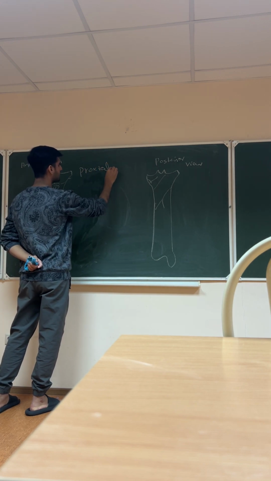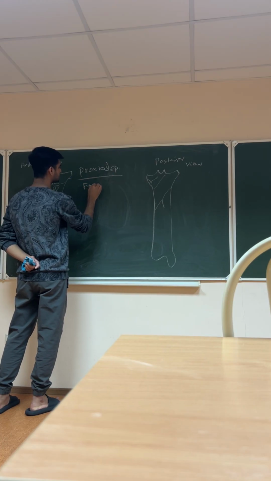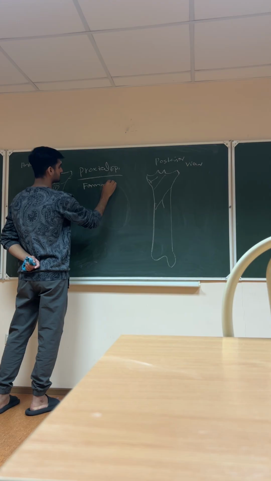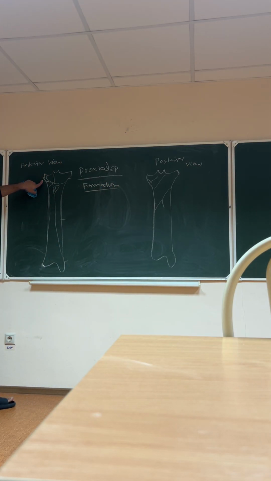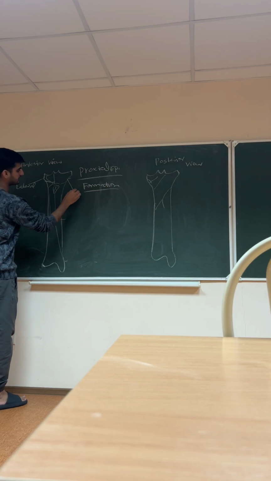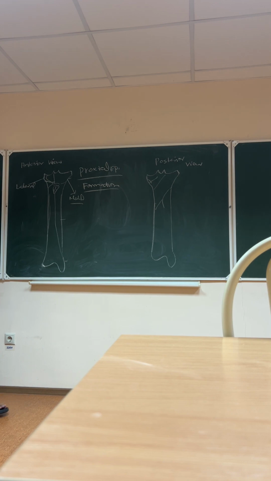Proximal epiphysis formation. First, the tibia in our leg region is medially located. Here in the anterior view, this is the lateral side and this is the medial side. In Latin, os tibia has lateralis and medialis.